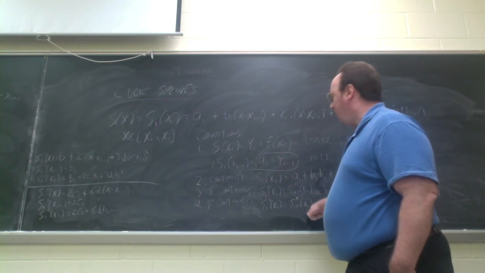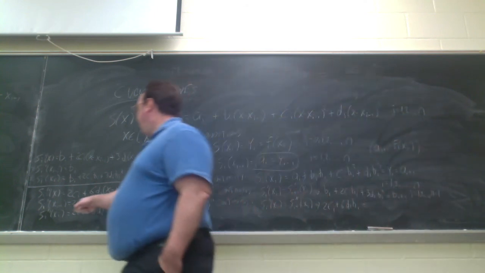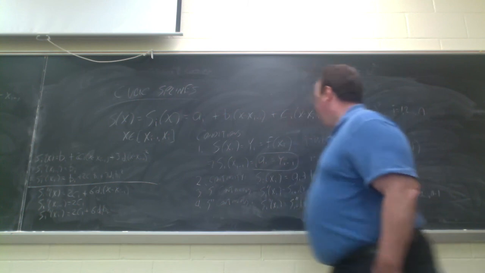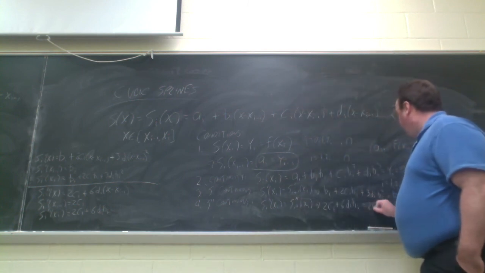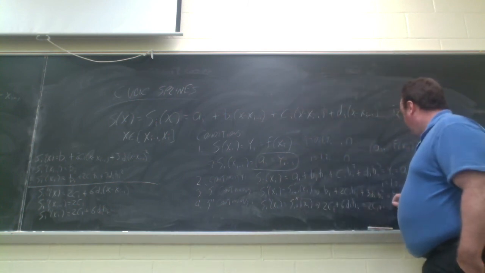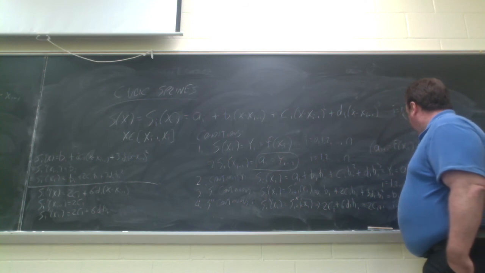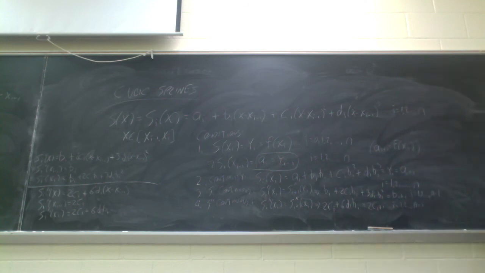So the index differs by 1, and I can use this as long as I shift the index back. So that's 2c_{i+1}, i equals 1 up to n minus 1. So again, you can only impose this at the interior knots.